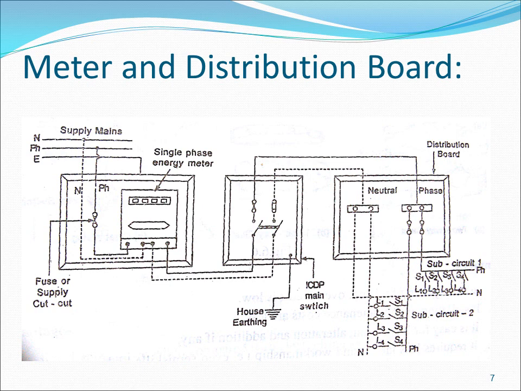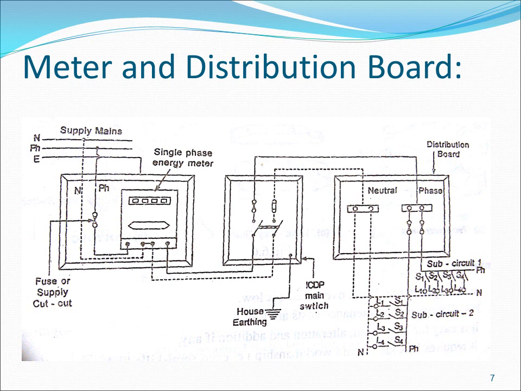So here we can see supply, earth and neutral, earth, phase and neutral, how phase and neutral are connected to the meter, energy meter through fuse. So I think we have seen neutral and phase, single phase lines will be connecting to the meter board through fuse.